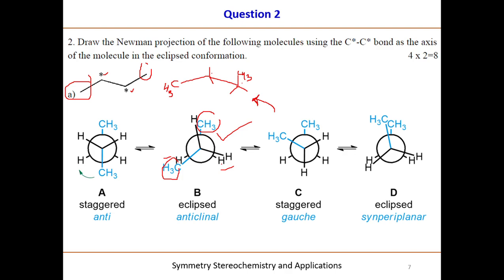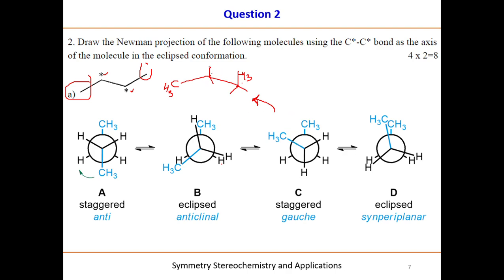That means this carbon is coming first, and behind this carbon, C3 is just behind this carbon atom, as we are writing here. This is the eclipse one. Why eclipse?